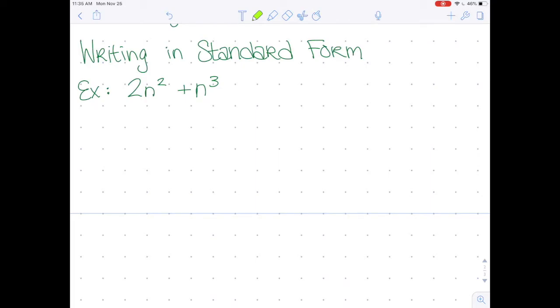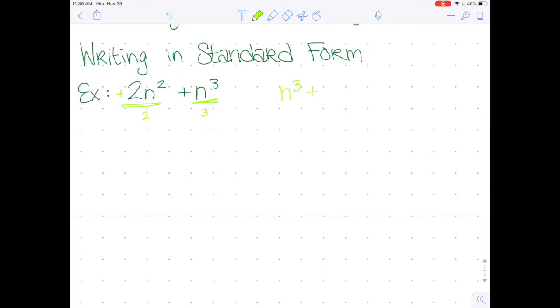This first term, 2n squared, the degree would be 2, because you only count the exponents on the variables, and the only one we have is 2. For n cubed, the degree would be 3. So if we're writing these in order from greatest degree to least degree, n cubed should be first, and then, since this is a positive 2, it'll be plus 2n squared. And now it's in standard form.